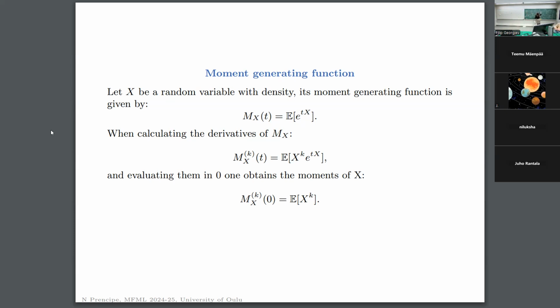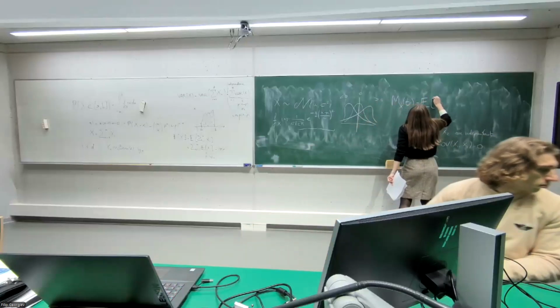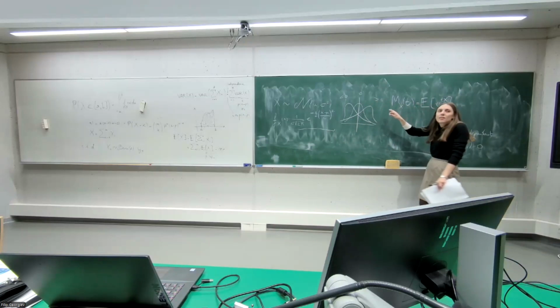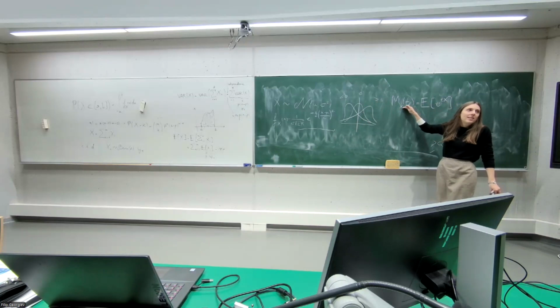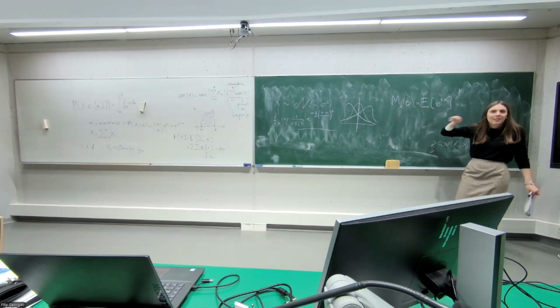So the moment generating function is this function of a random variable x. Just writing that, you need some assumptions because you are writing an integral of something weird. So you have to assume that the integral exists, so that the function is integrable.